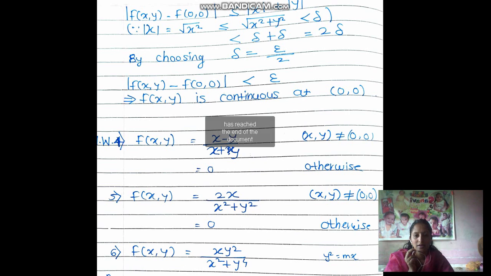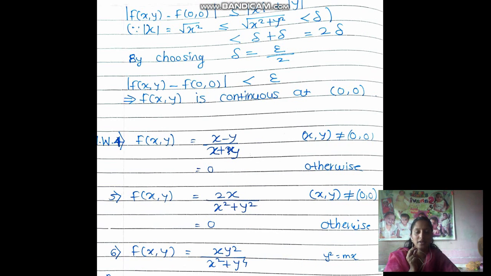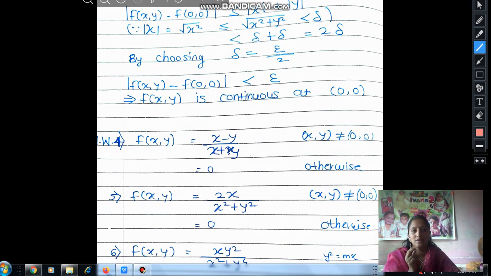Remember that in this case, both modulus of x sine 1 upon y and modulus of y sine 1 upon x have the sine factor with value less than or equal to 1. So here remains only mod x plus mod y. Now you know that mod x is equal to square root of x square, which is less than or equal to square root of x square plus y square, which is less than delta.